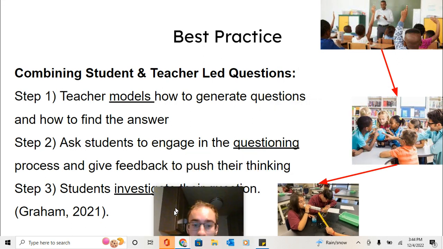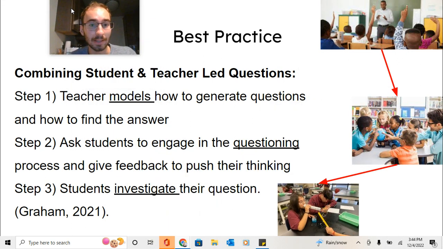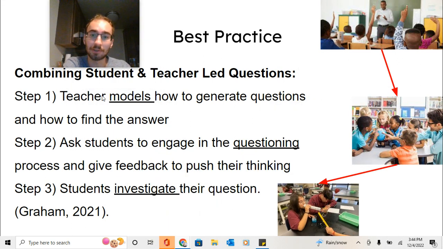What many educators think the best practice is, is to combine student and teacher-led questions. So in the beginning of the year, in step 1, you want the teacher to model how to generate questions and how to find the answer. And then once the students are comfortable on knowing how to ask questions, then the teacher would ask the students to come up with questions themselves, like exploring a phenomenon, for example.